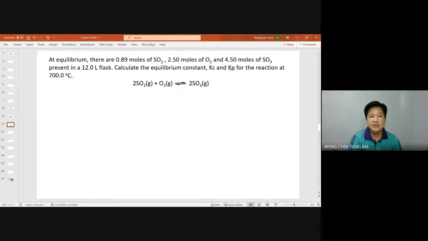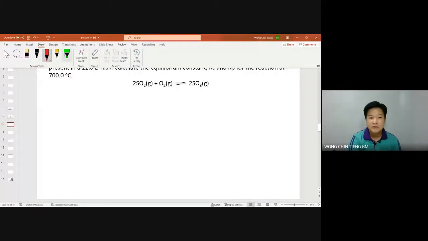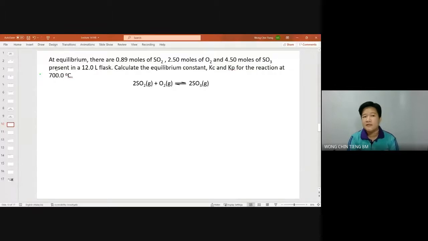So if you read this question, it's easy, our first question is very easy, at equilibrium. So when you read the question stated at equilibrium, in other words, all this number of mole given is already at equilibrium. Okay?